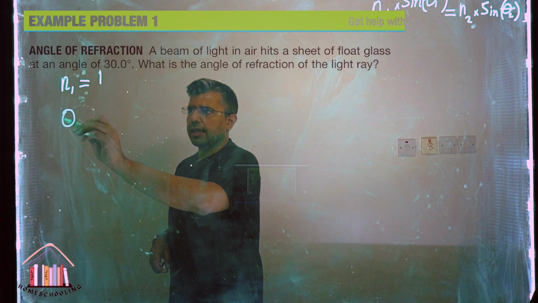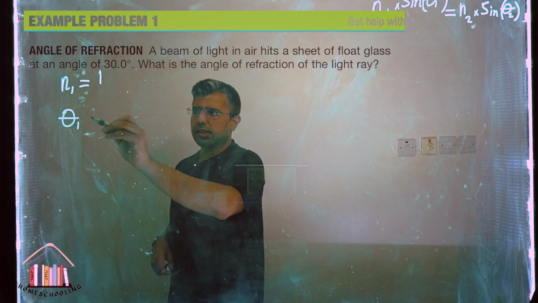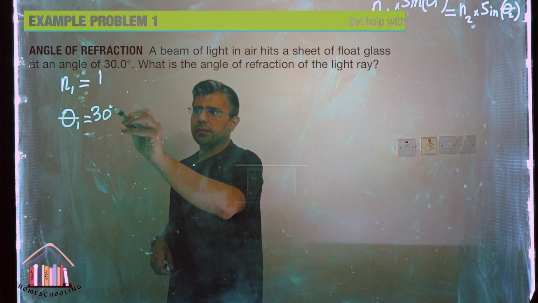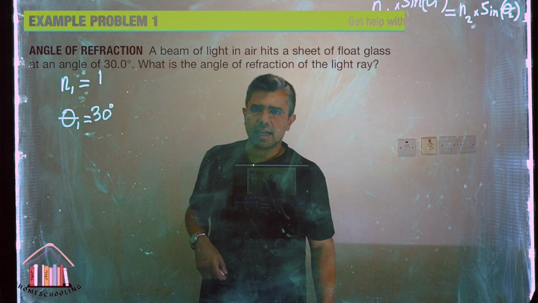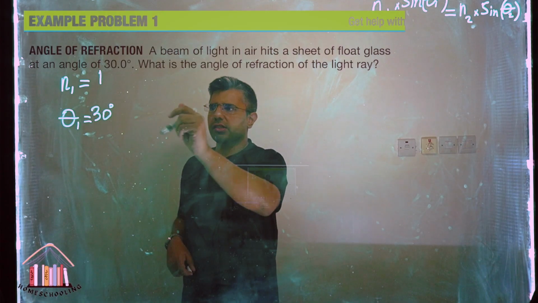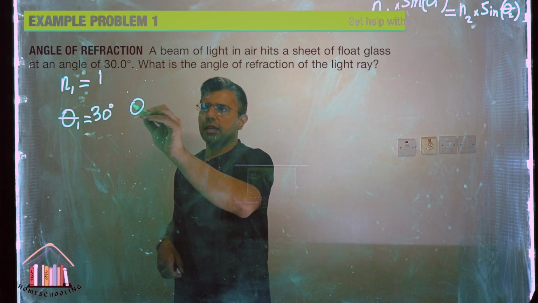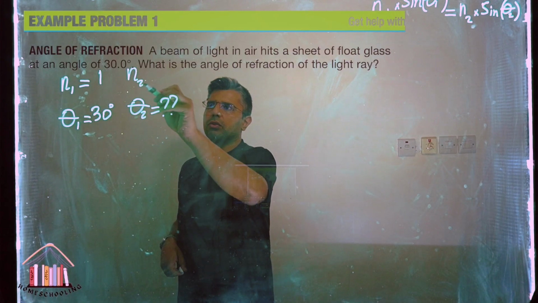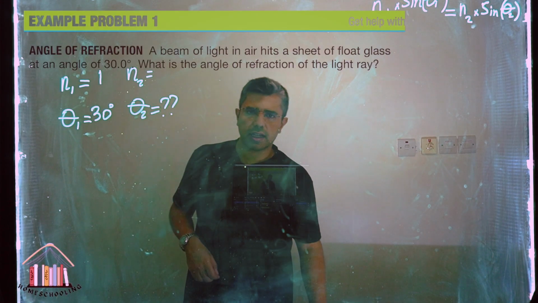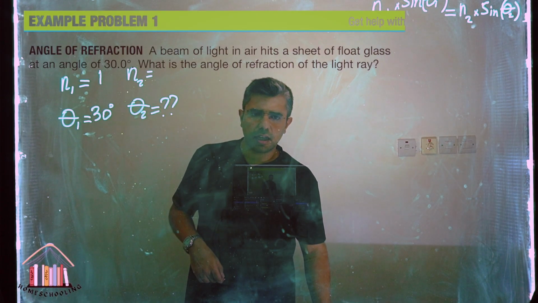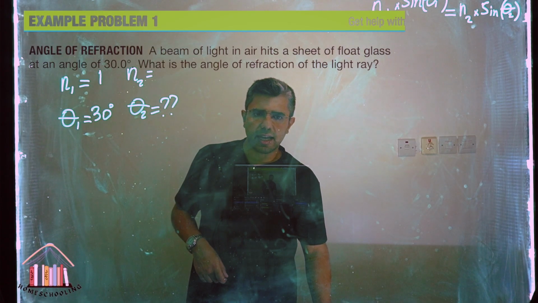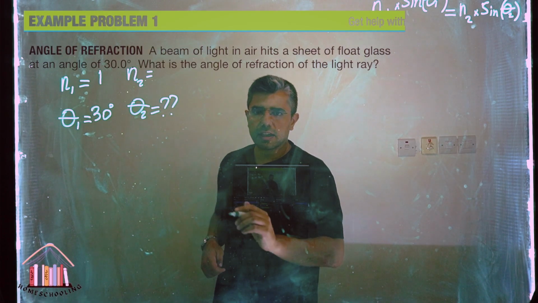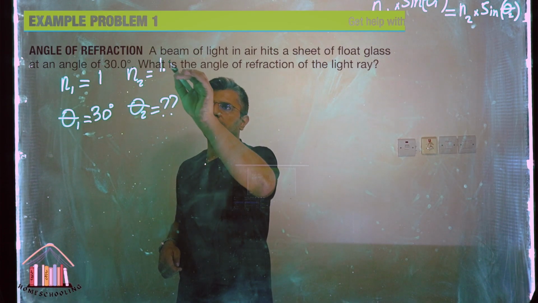So the main angle, θ1, is equal to 30 degrees. What is the angle of refraction of the light? The question is to calculate the unknown, which is θ2. n2, for the floating glass, you can refer back to the table, and you will find that it has an index of refraction of 1.33.